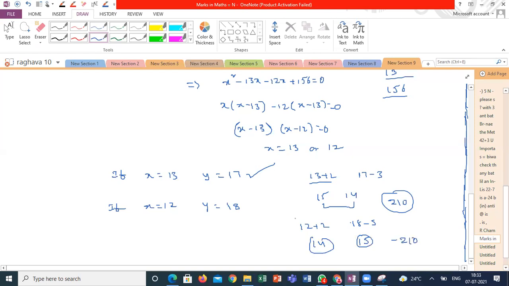So both are possible answers. Either 13 comma 17 is a possible combination of the maths and English marks, or 12 comma 18 is also a possible combination of math and English marks to satisfy the given condition. Both are answers. If x is 13, your English marks is 17. If the math marks is 12, your English marks is 18.